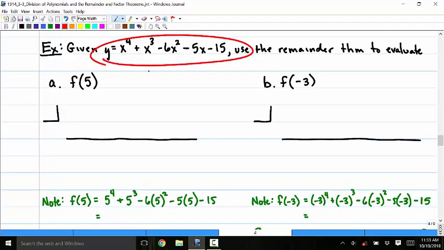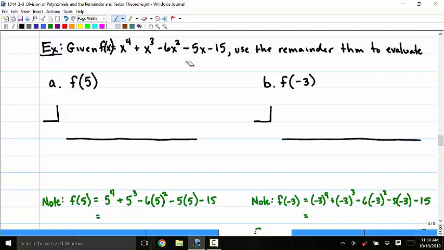here's your polynomial, and if you like seeing f of x here instead, given f of x equals x to the 4th plus x cubed minus 6x squared minus 5x minus 15, what is f of 5? Now, you could push 5 store x, type that polynomial in on your calculator and hit enter, and it's going to spit a number out. And that's what I'm trying to show you down here.